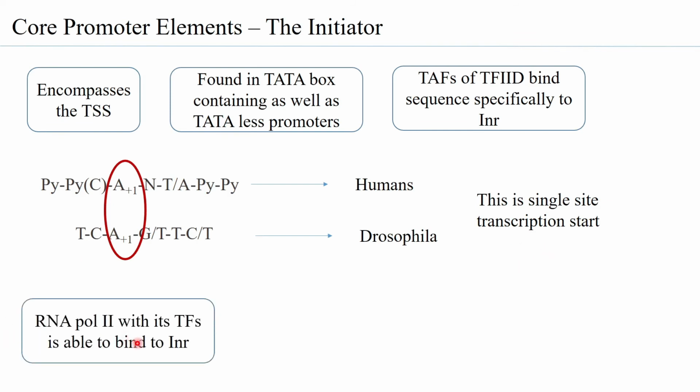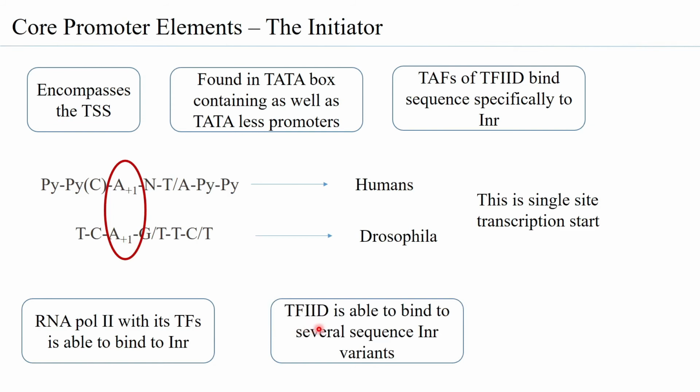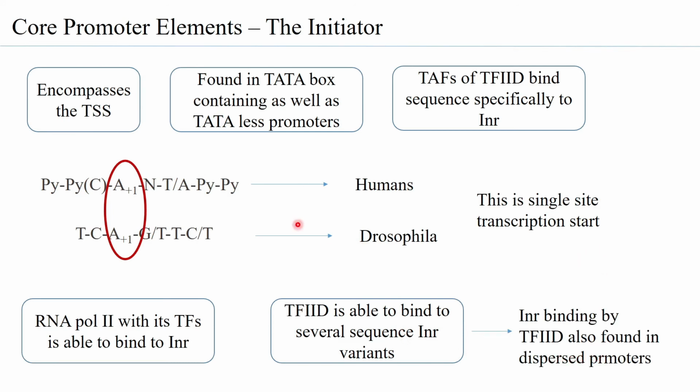RNA Pol 2 can directly bind the INR, or it can bind through transcription factors. The TF2D complex is able to bind all the different variants of the INR. INR binding by TF2D is also observed in dispersed promoters, suggesting that the INR can be present in dispersed promoters. In fact, since they are TATA-less, the INR presence is considered important in dispersed promoters.